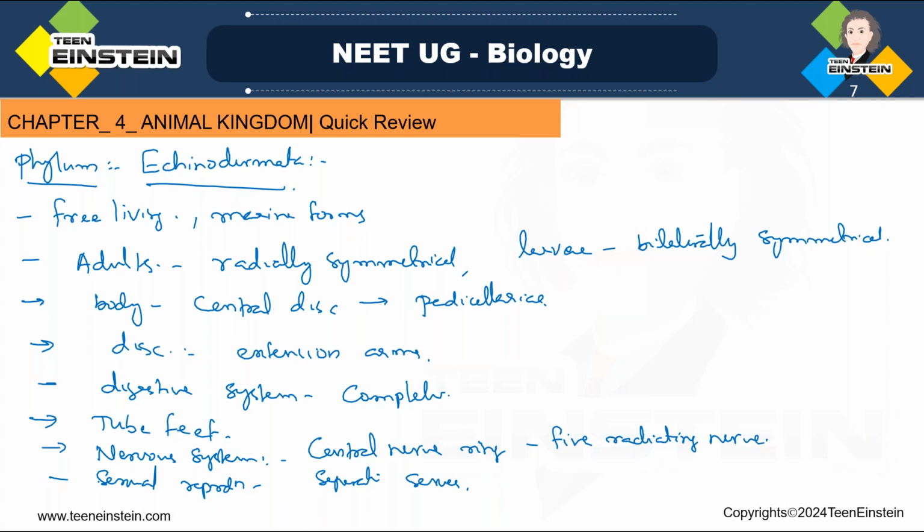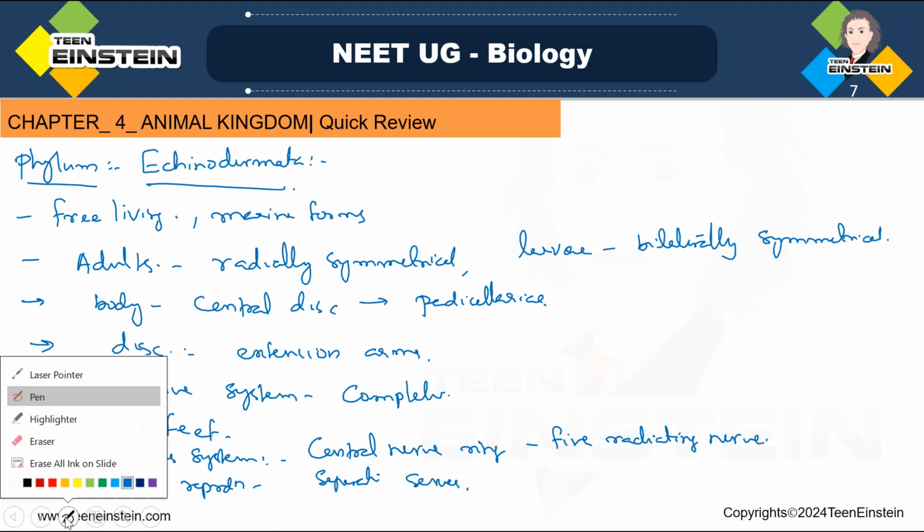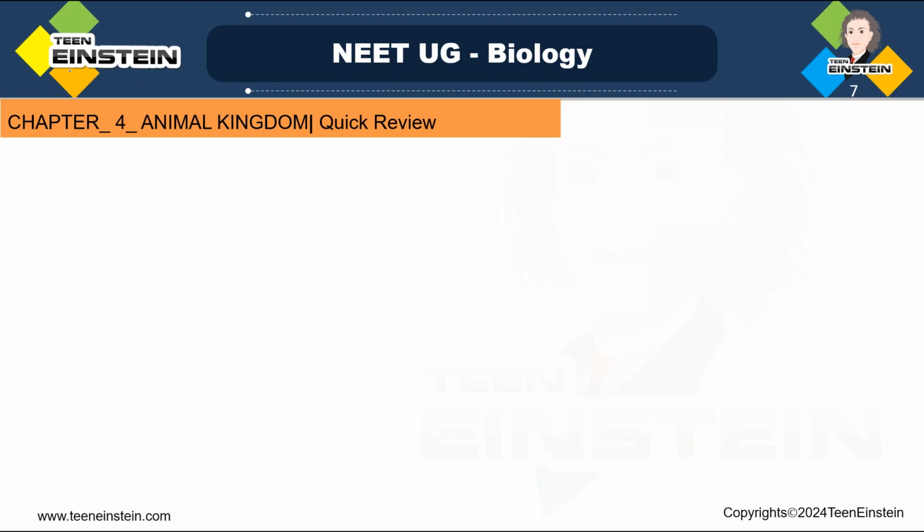Okay, next comes phylum Hemichordata. Here the phylum Hemichordata consists of marine deuterostome animals which have a worm-like appearance.